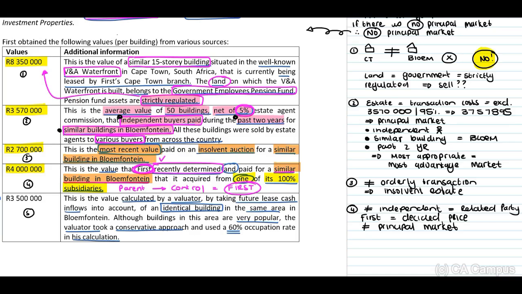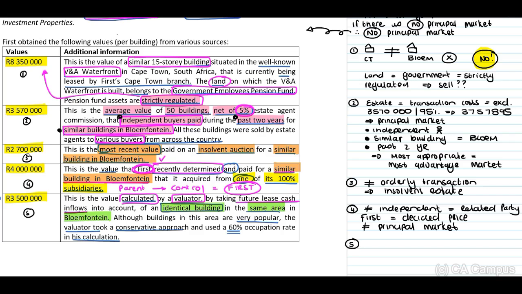Number 5, 3.5 million. Okay, so when we look at this, they indicate to us this is the value calculated by a valuator, taking future lease cash inflows into account of an identical building in the same area in Bloemfontein.